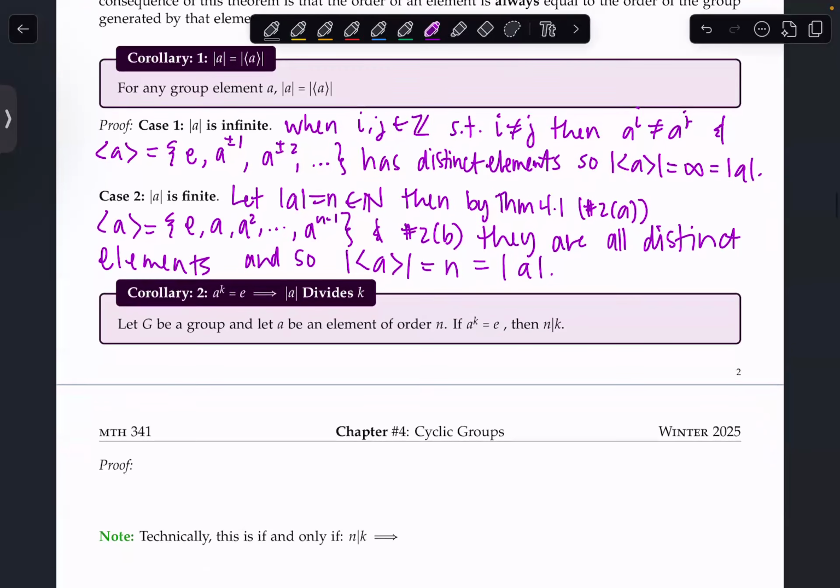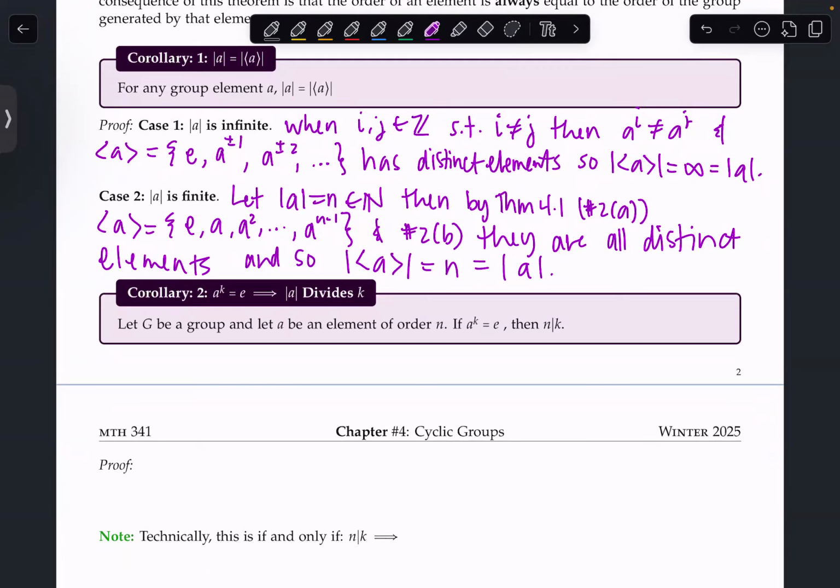The first thing that we'll see here is if I know A to some power gives me the identity, it gives me some options on what the order has to be, right? In general, if I just know A to the k gives me the identity, I know this gives me a max value for my order, because possibly I can find a smaller power that gives me my identity. Here, I can cut the list by a lot.